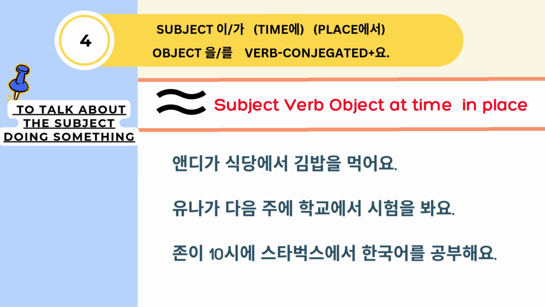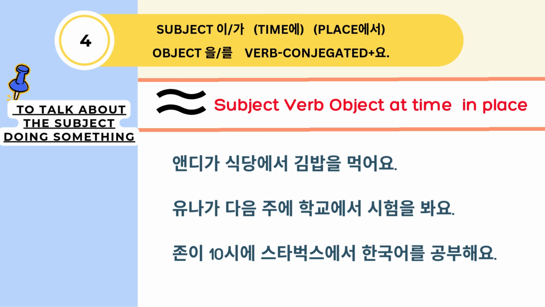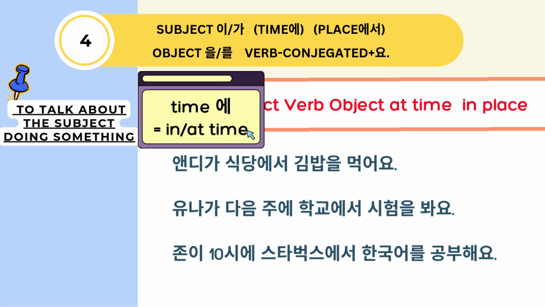4. Action sentences: subject, object, time, place, verb. One of the biggest differences between English and Korean sentence structure is word order. While English follows subject, verb, object, SVO, order, Korean follows subject, object, verb, SOV, order. Additionally, when specifying time or place, the following particles are used.